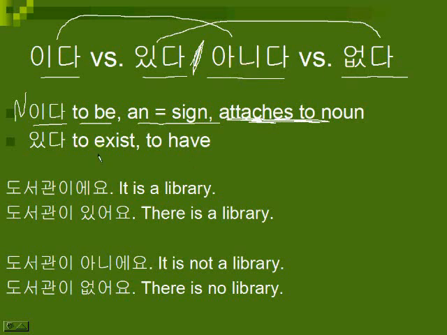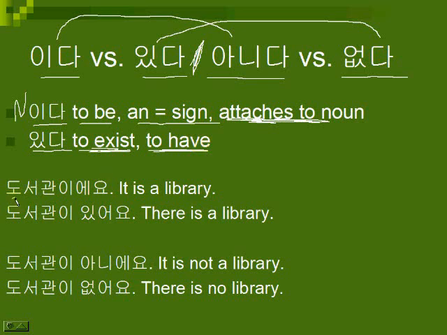Same difference. 있다 to exist, to have. Now when I say to exist, that's the bigger meaning in Korean. This is one verb that has 1,000 different translations in English to Korean. It also means to have, because remember to have is to exist as well. So having something is having it exist in your life. And that's how Korean is going to try and picture it for you.